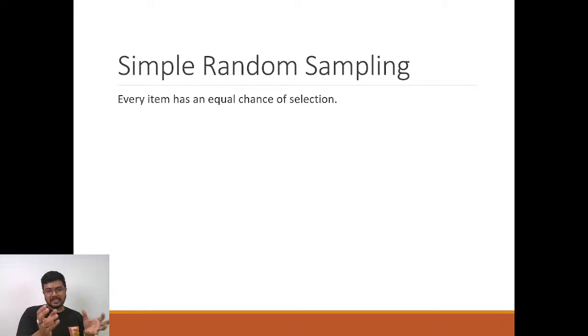So it's as simple as that. Everyone has an equal chance of getting selected. There is no bias in anything. There is no categorizing them into various categories before I choose them for my sample. Okay. So this is a simple random sample, right?